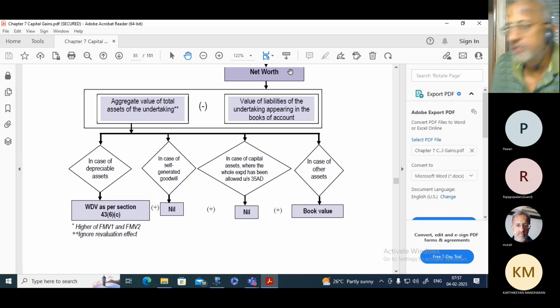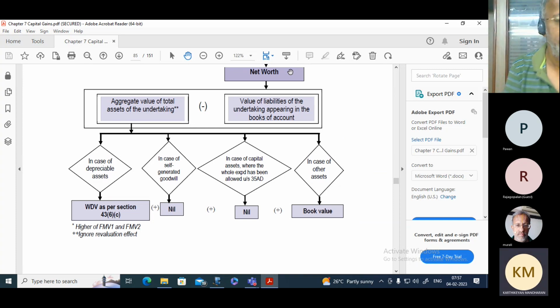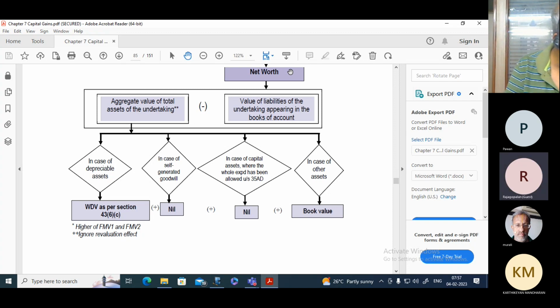So Karthik, Rajagopalan, have you noted this? Rajagopalan? Noting down. Noting down.